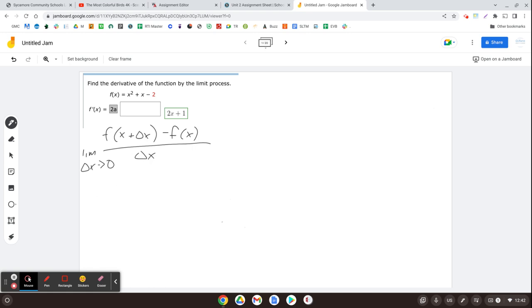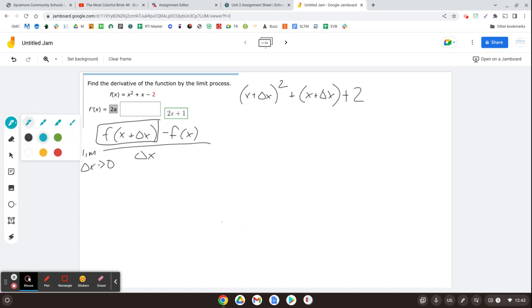So how do you find f of x plus delta x? That's right. So it's going to be x plus delta x squared plus x plus delta x plus 2. Okay? That is this. And then minus, and you want to use a parentheses for this minus. Plus 2 or minus 2?